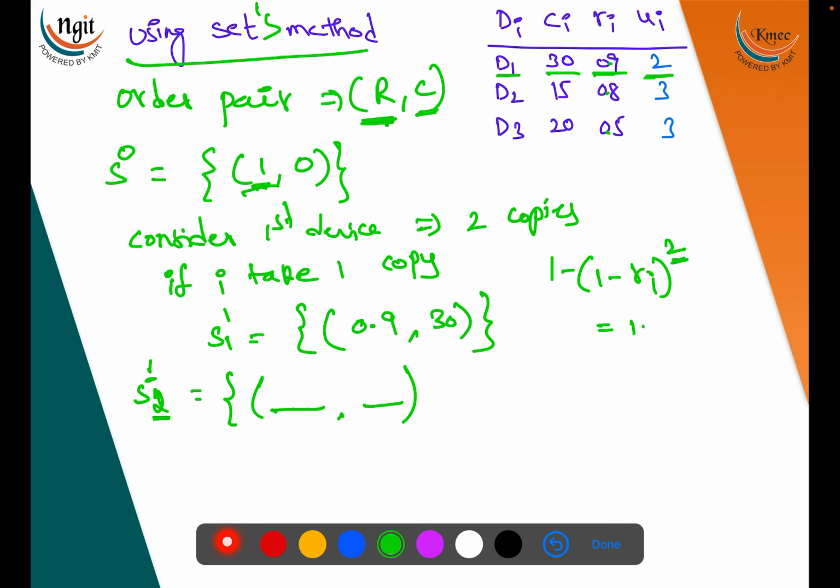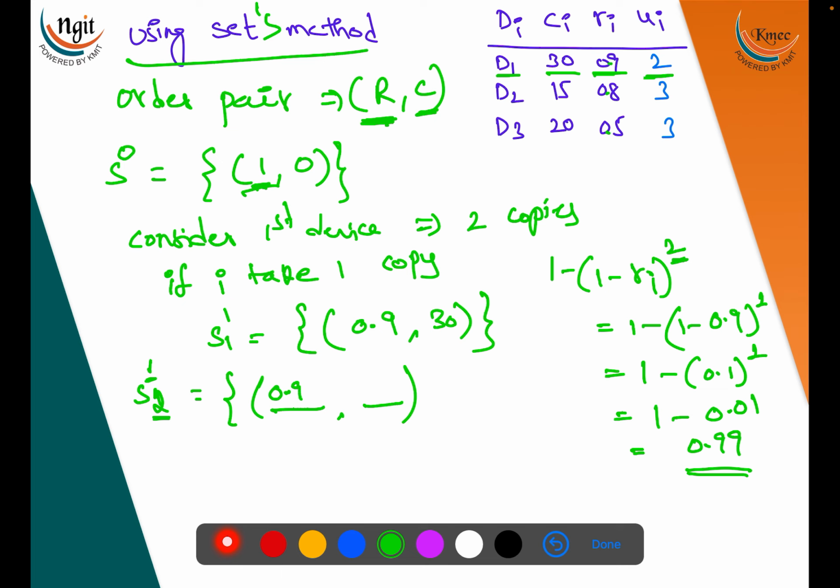So 1 minus (1 minus 0.9) whole square, which is 1 minus 0.1 whole square, 1 minus 0.01, you get 0.99. I write 0.99 here, and 2 copies means 30 plus 30, which is 60.